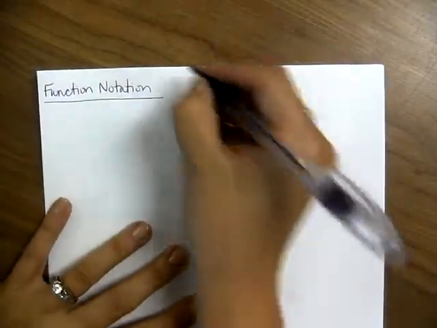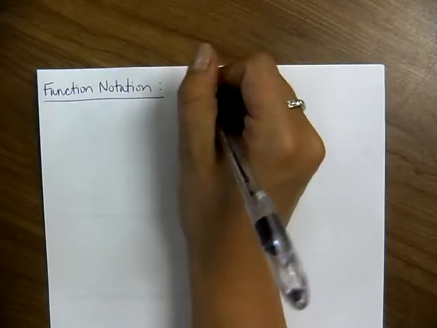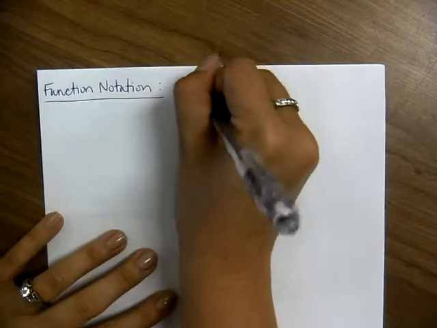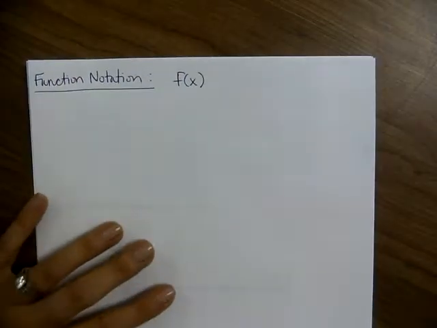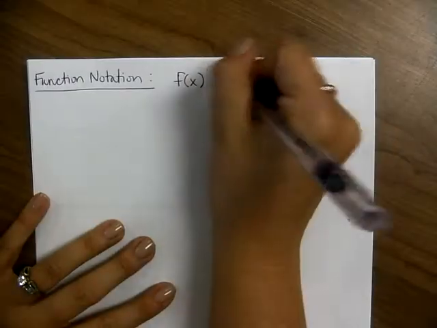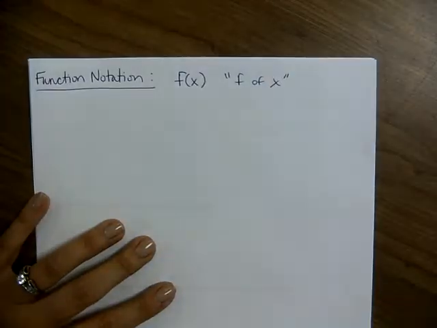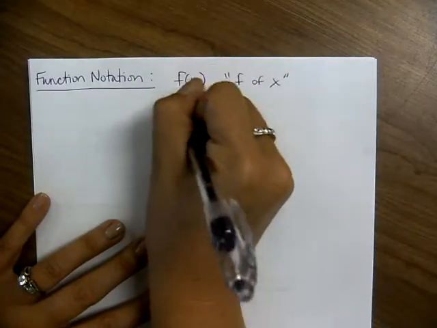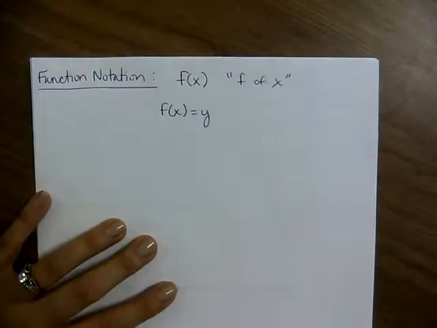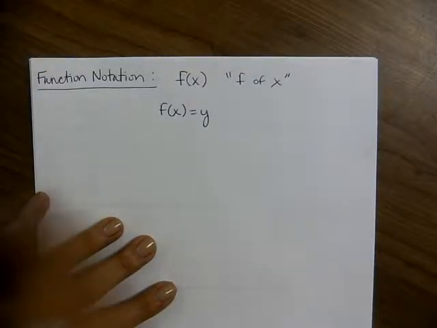Okay, so you probably saw this a lot last year, and that's f of x instead of y. Okay, so this is read as f of x. F of x is the same thing as y. Okay, they mean the same thing. This is just function notation.